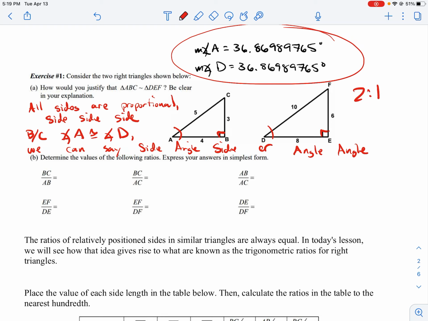Okay? So it says determine the values of the following ratios. Express your answers in the simplest form. Before I get started with that one, I want to list what it means to be a ratio. Okay?